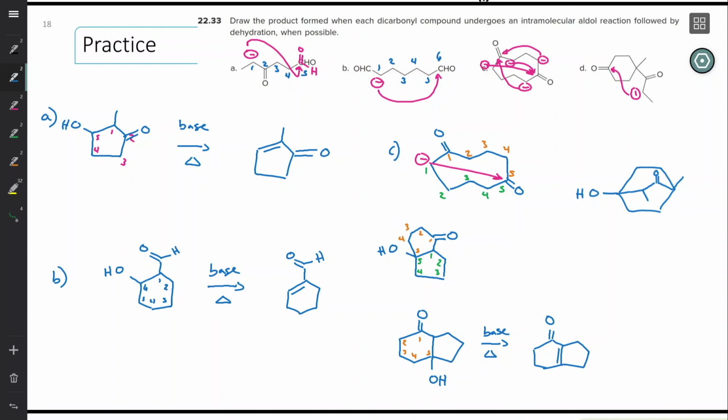Or you can redraw this with the alcohol on this side and then the bridge going over, and the bridge has a methyl group and a ketone. So you draw it differently, but that's what it looks like.